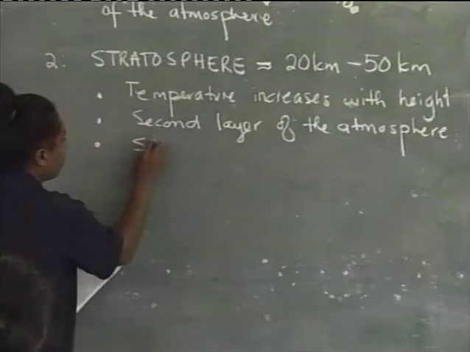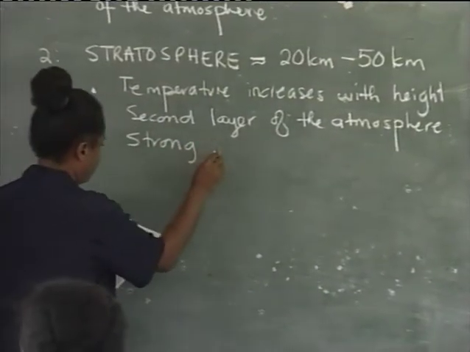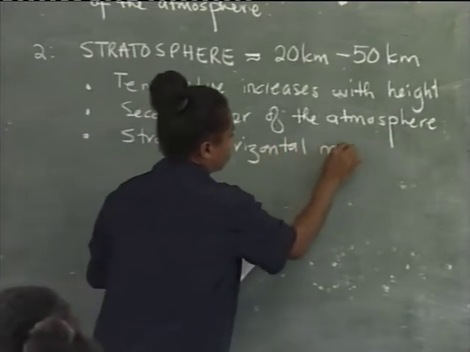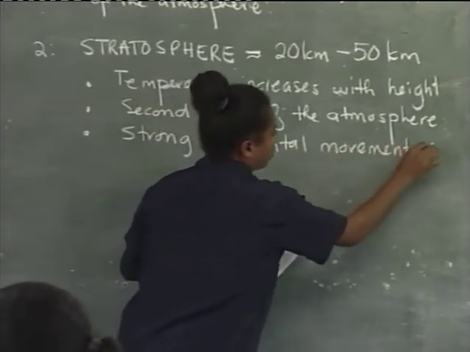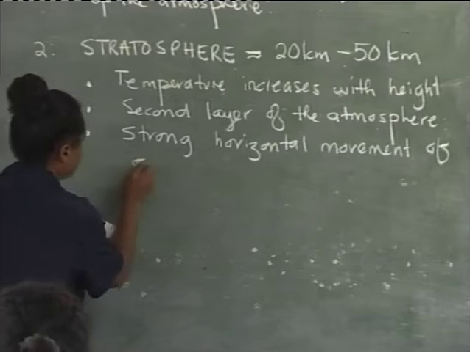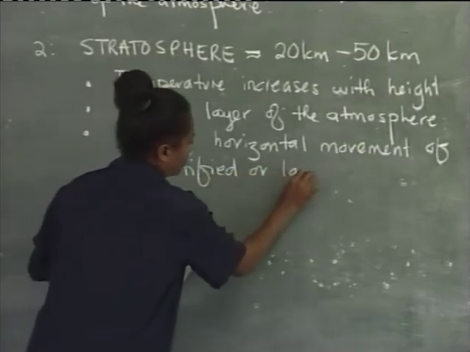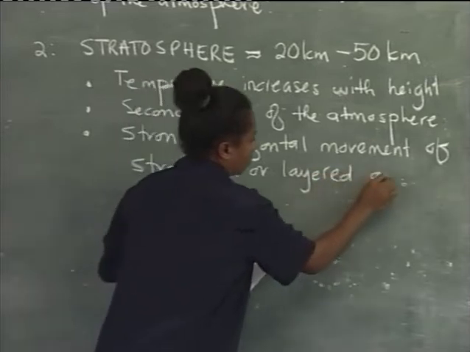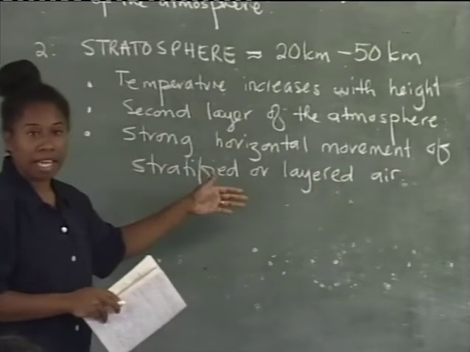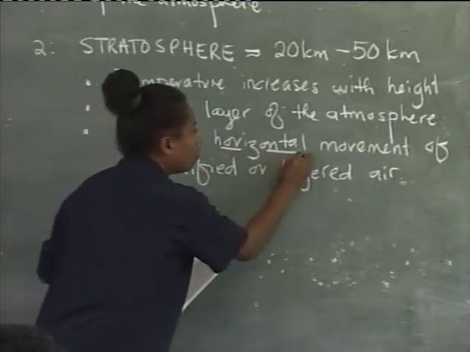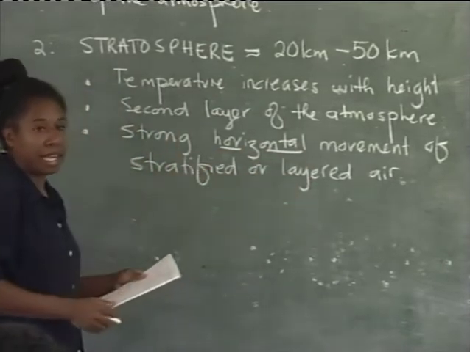A strong horizontal movement of stratified or layered air. Okay, very good. Within this particular layer, the stratosphere, there is strong horizontal movement of stratified or layered air.